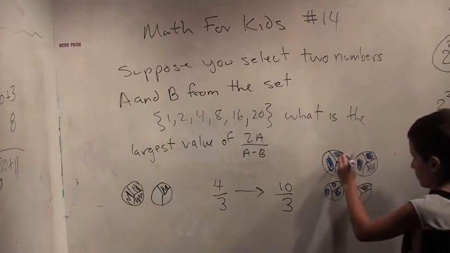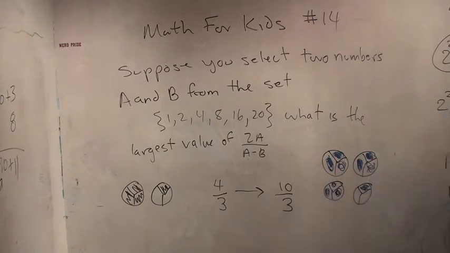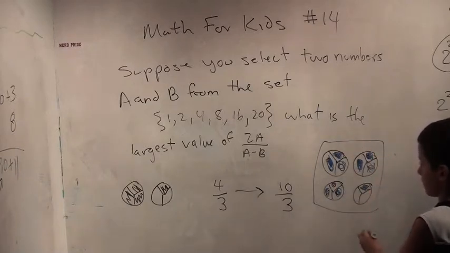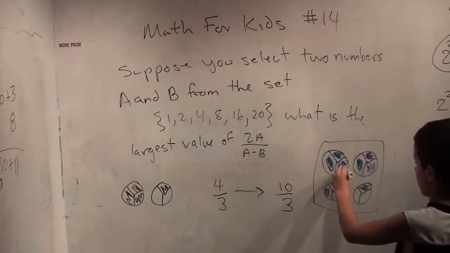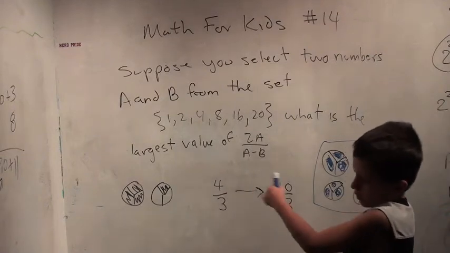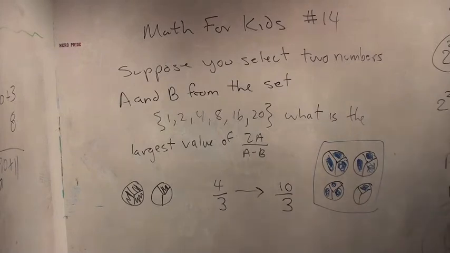And 10/3. So if you have 4/3 or if you have 10/3, which is bigger? This guy. It's 3 and 1/3. 3 and 1/3. And what's 4/3? 4/3 is 1 and 1/3. 1 and 1/3, yeah.